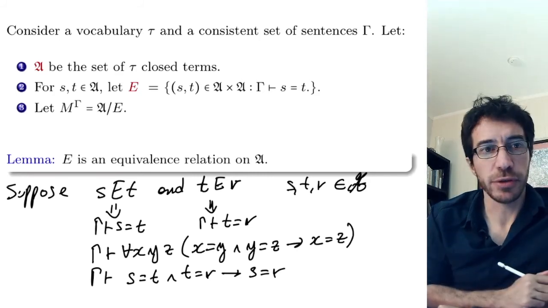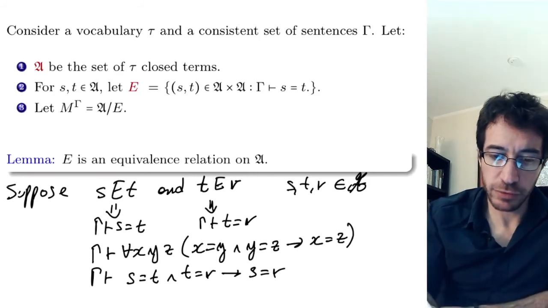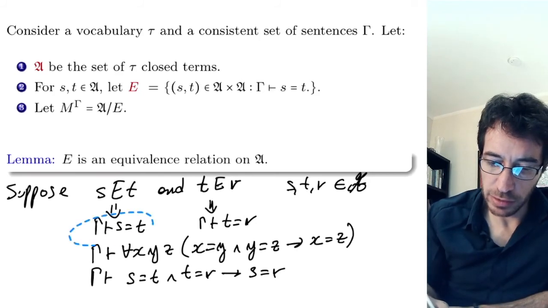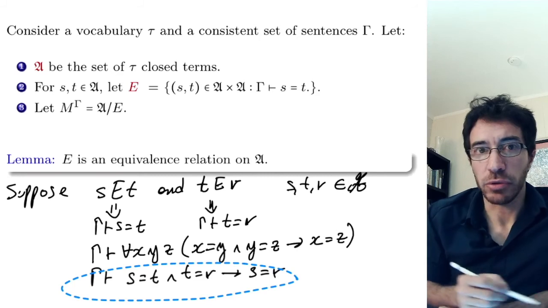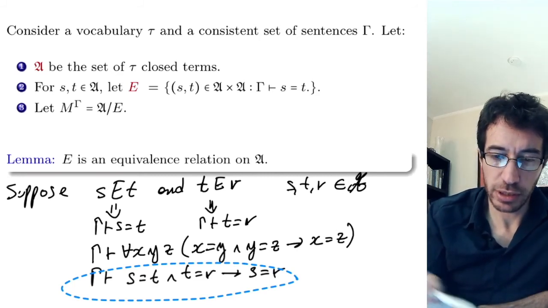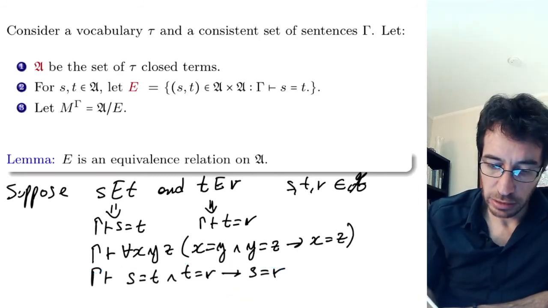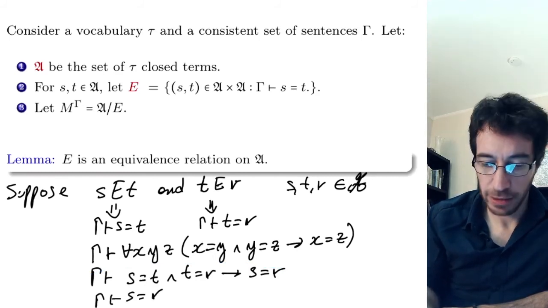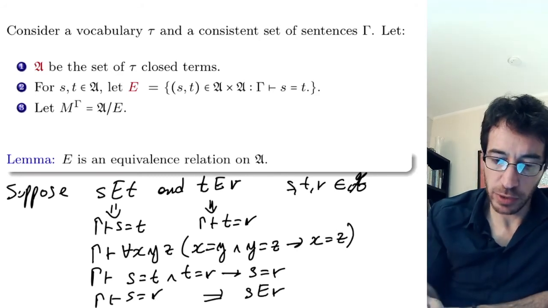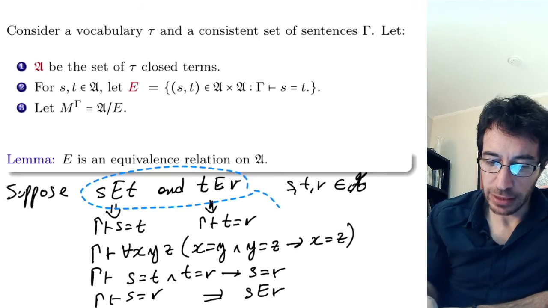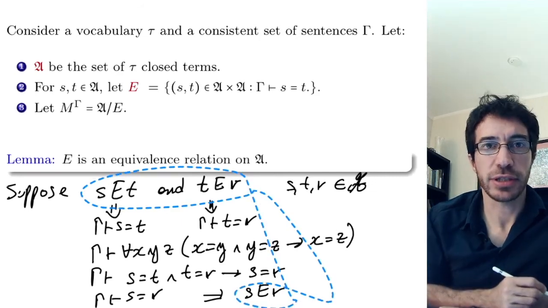And from these together, just because of tautology, these three tautologically imply that gamma proves S equals R, and therefore S is related to R. Okay, so that's what we wanted. We started with these related and we end up with this, so that means that the relation is transitive.